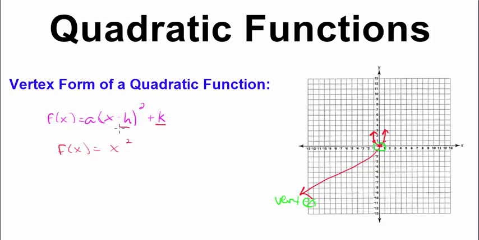Well, when you have h and k involved, all of a sudden you are shifting the whole parabola horizontally and vertically, including the vertex. And since the vertex is originally at 0, 0, the vertex then becomes wherever h, k is.